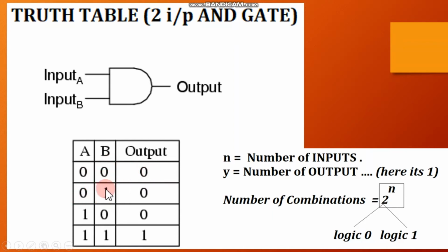Here even though B is 1, A is 0. So terminal A is at logic low, hence the output is 0. For the third combination, A equals 1 and B equals 0, now terminal A goes high and terminal B goes low. Hence, since one of the terminals is at low logic, the output will always be low.